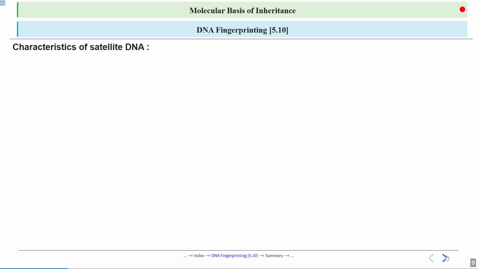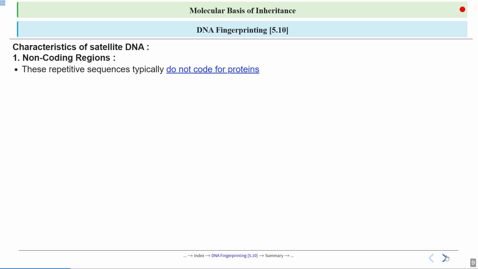Now, what are the characteristics of satellite DNA? First, it is a non-coding region. These repeated sequences typically do not code for proteins, but they constitute a significant portion of the human genome. In yesterday's class, when we talked about HGP, we studied that less than 0.2% of the whole genome codes for protein.